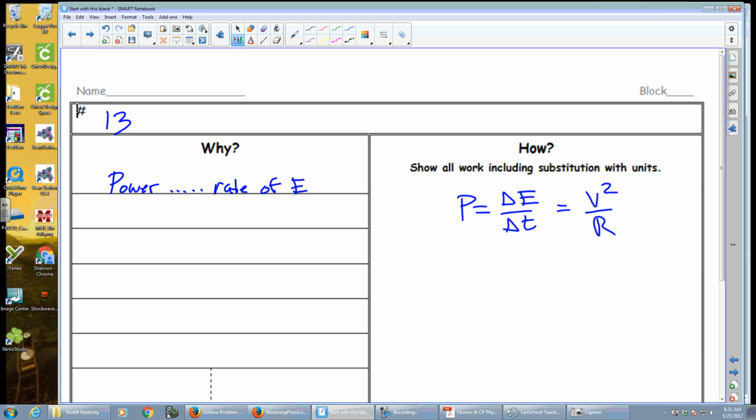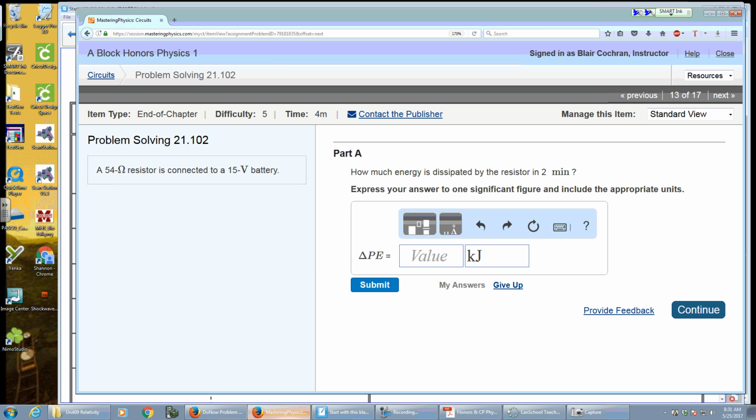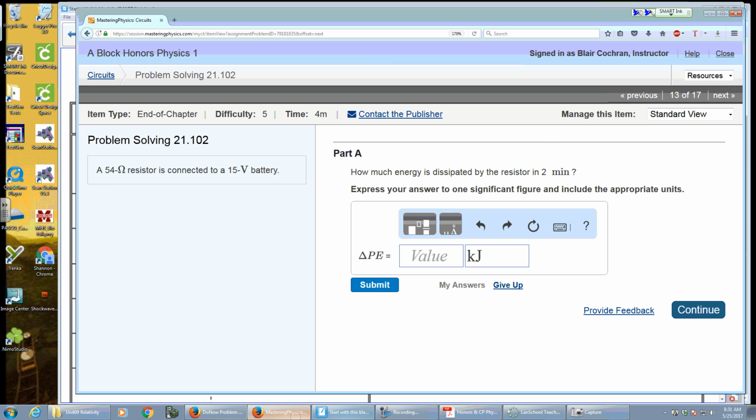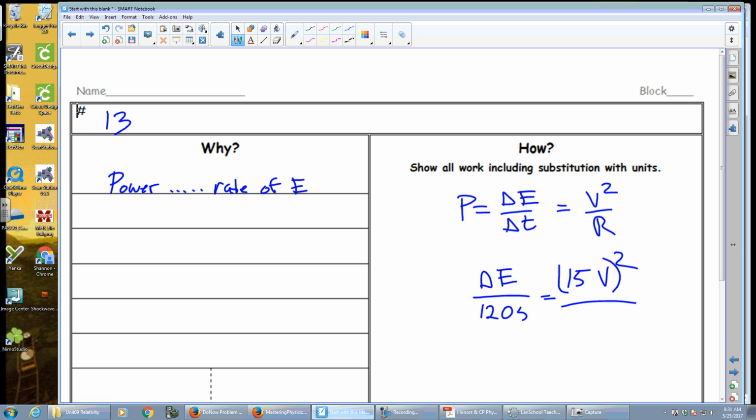And I want to know how much energy in 2 minutes. Oh, delta E, 2 minutes. Should I put my time in minutes or seconds? Seconds. So that's 120 seconds. They give me V, 15 volts. And they give me R, 54 ohms. Done.